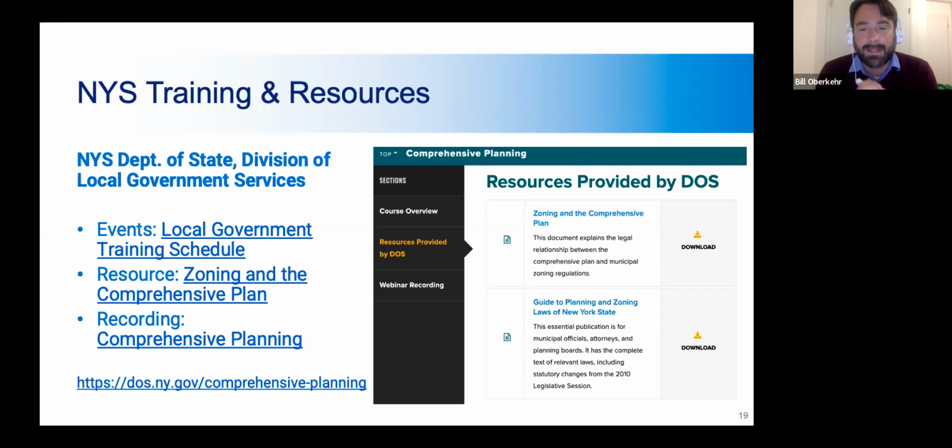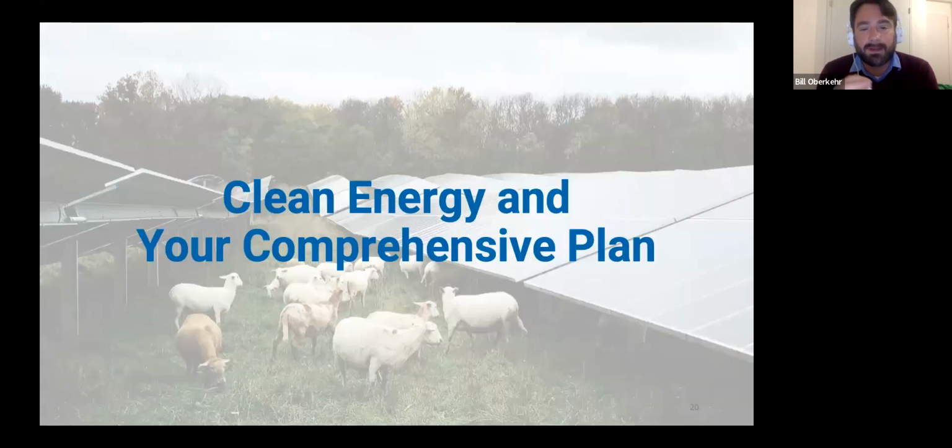These are linked in our guidebook as well. I believe they're also linked at the end of this presentation. They also have recorded trainings. So for folks interested in or about to undergo development of a comprehensive plan or a revision, I would really urge you to take a look at Department of State's resources in addition to NYSERDA's.